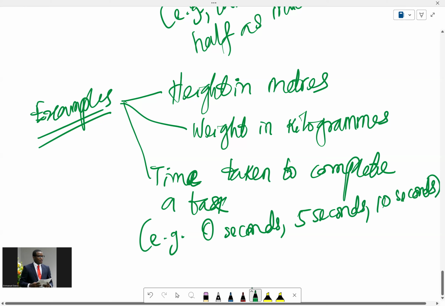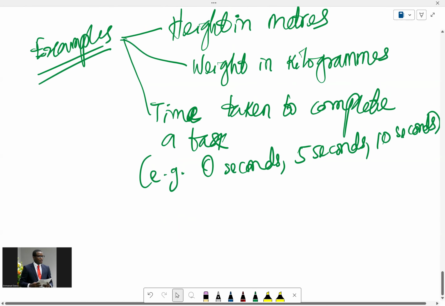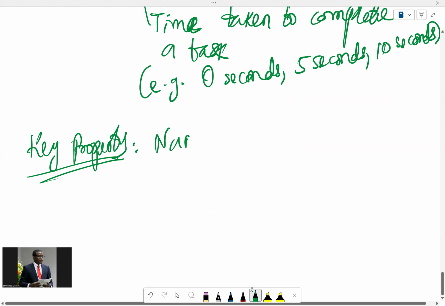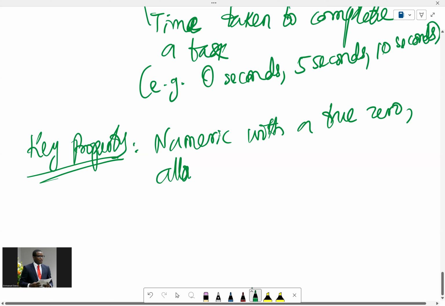Then the key property here is that the ratio scale is numeric with a true zero, allowing full arithmetic.